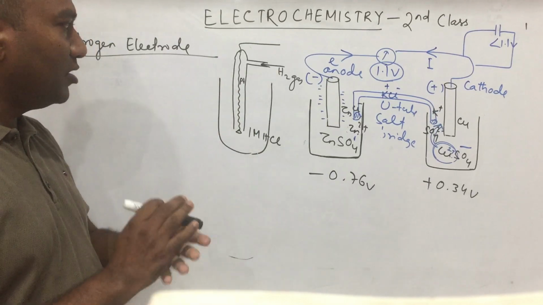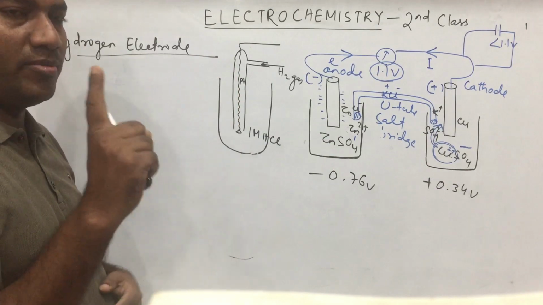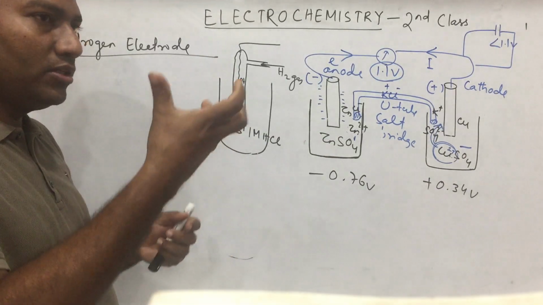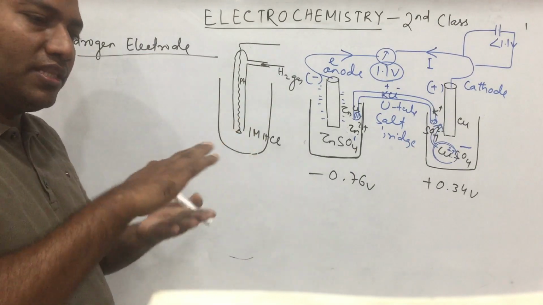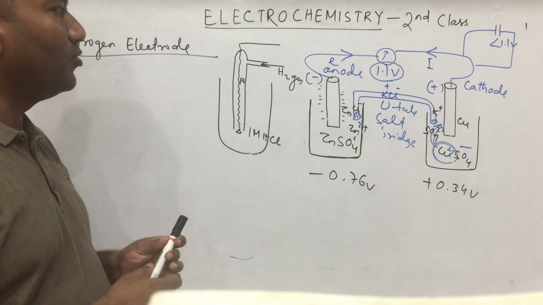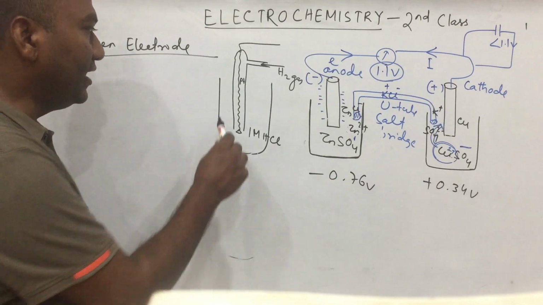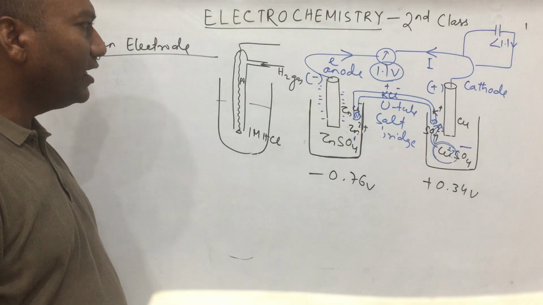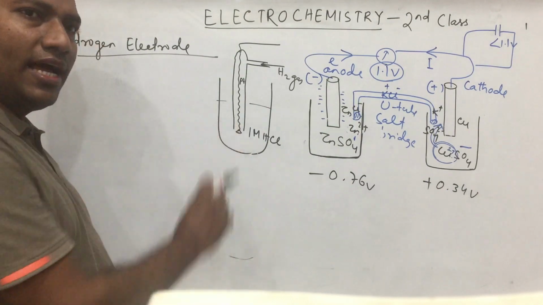A normal platinum wire is a metal surface, a regular surface. But when it is coated with platinum powder, the surface will be irregular so that it can absorb more hydrogen gas, and it is dipped in 1 molar HCl. Clear? So this is one half cell.